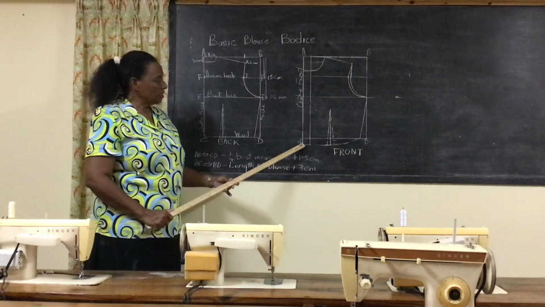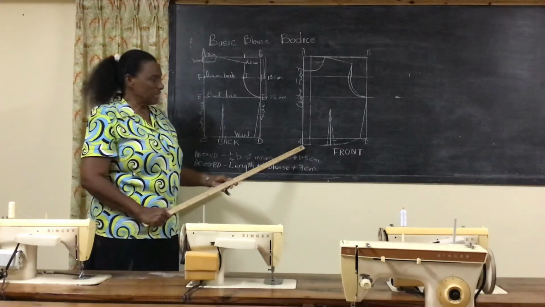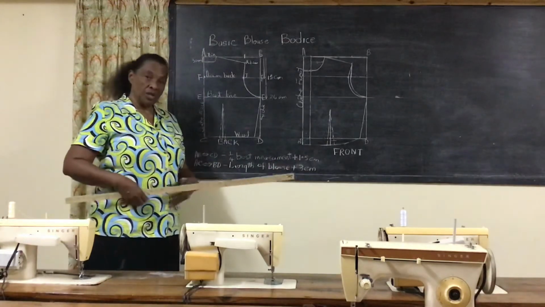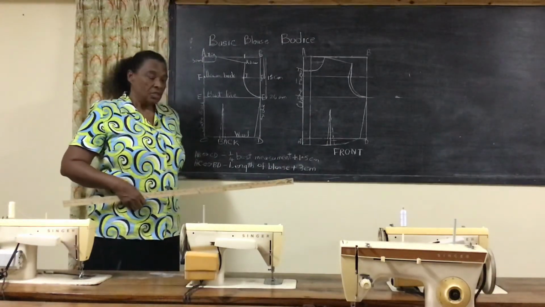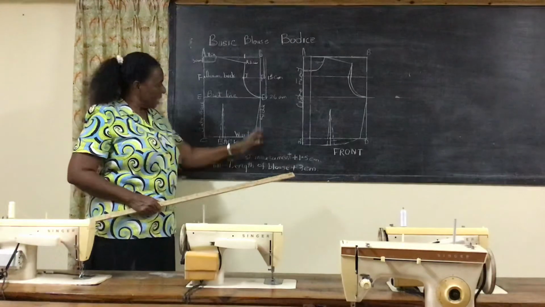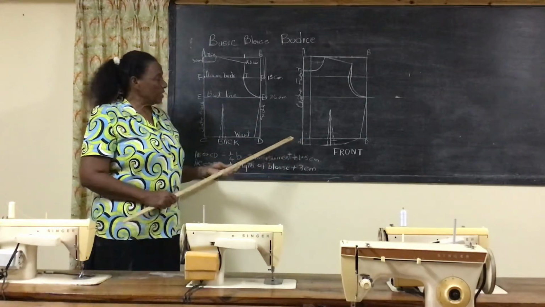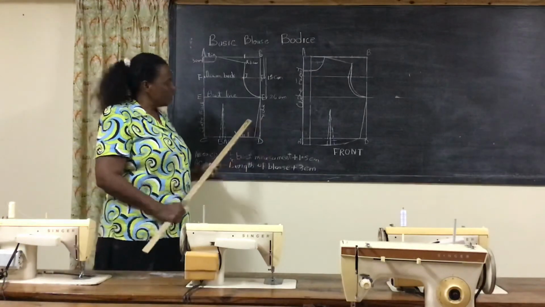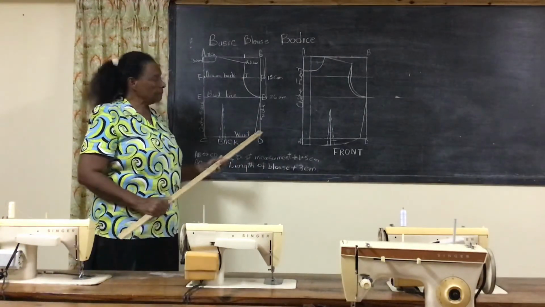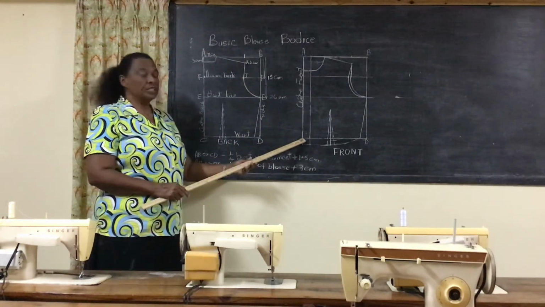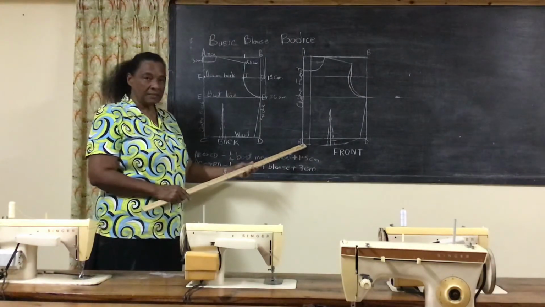This addition here also is most times the front of your blouse is longer than the back. So we have used the back to cut the front, so we have to put on the difference. So let's say your blouse back was 46 centimeters and the front is 48 centimeters.